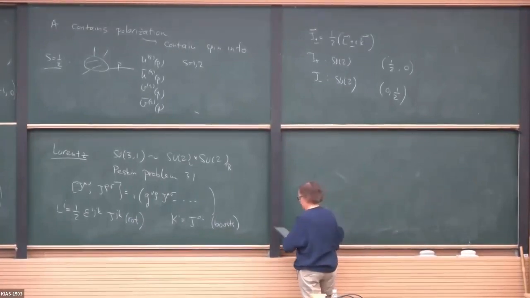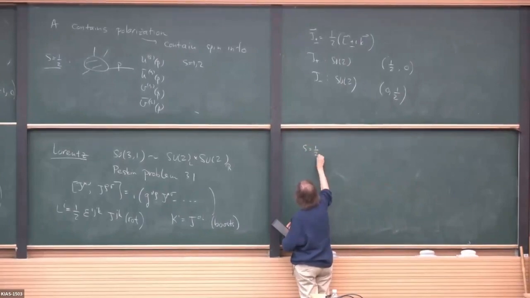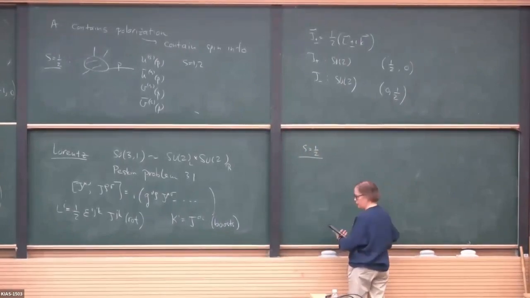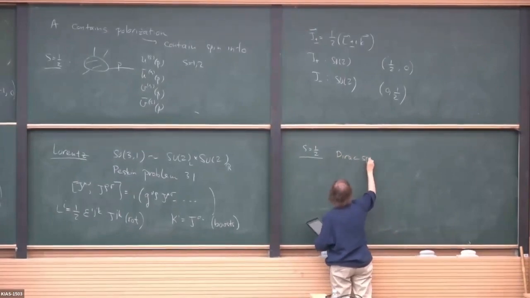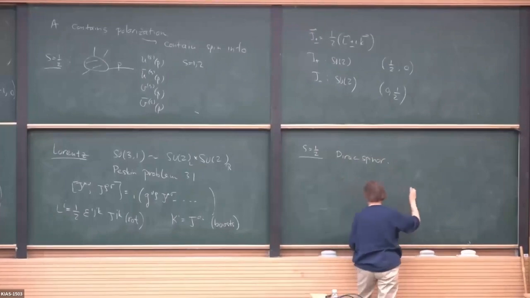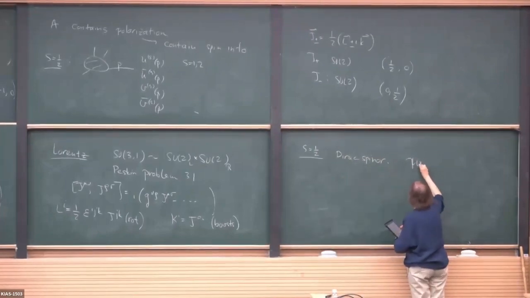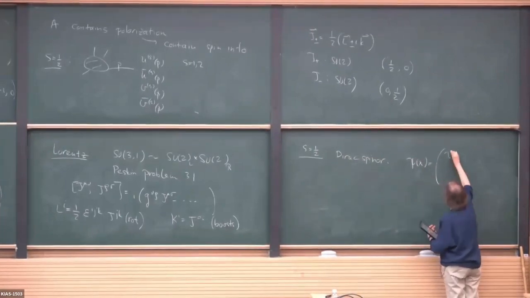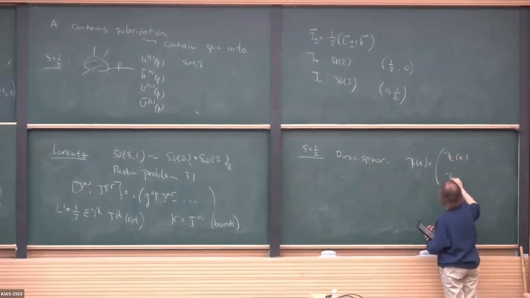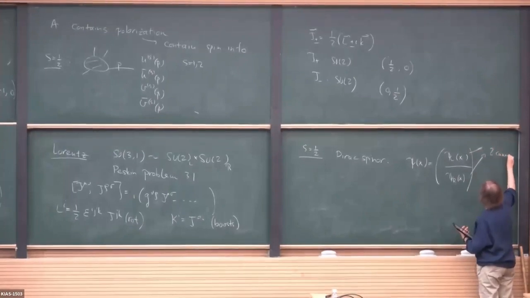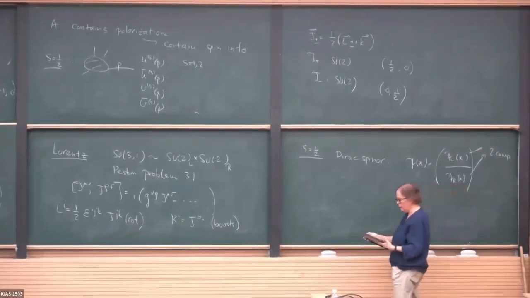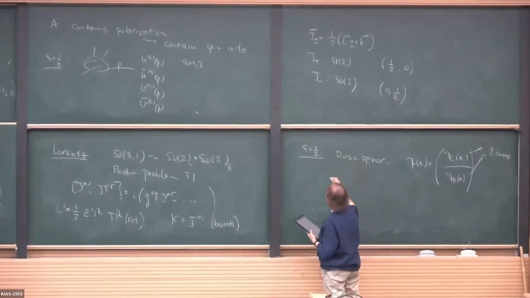Okay, so again, let me remind you, we talked about these spinors. So we had this Dirac spinor that we wrote down before, psi(x). We can write this guy as psi_L(x), psi_R(x), where both of these are two-component spinors, and they transform under these two different SU(2)s.